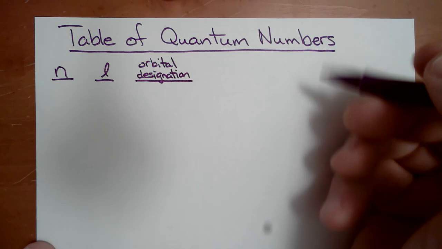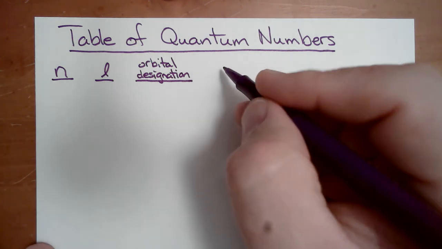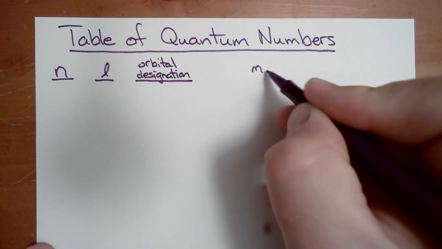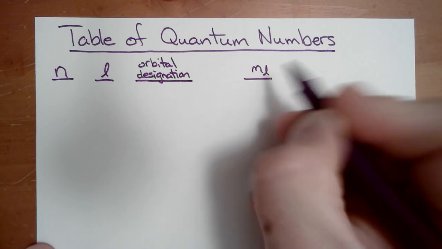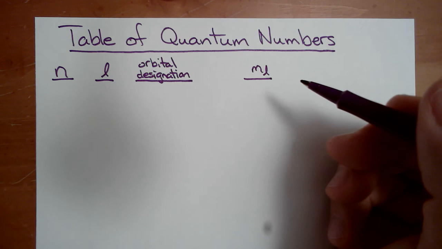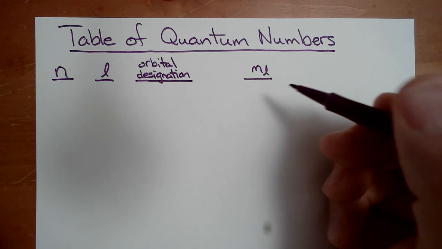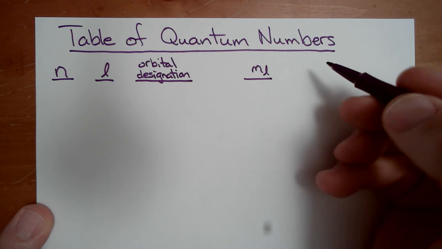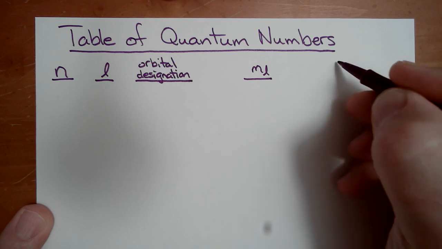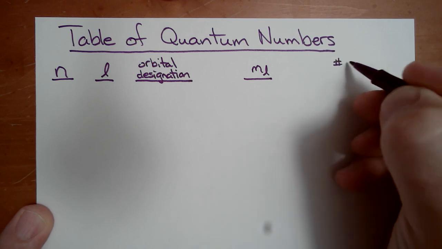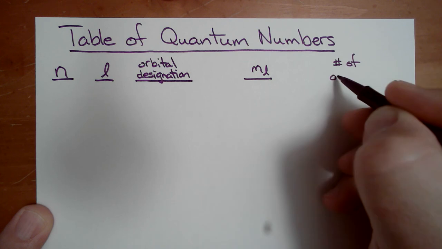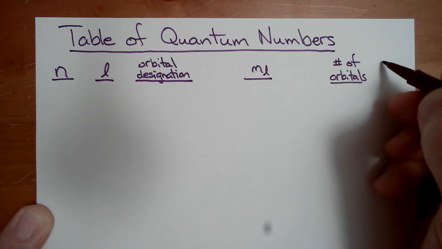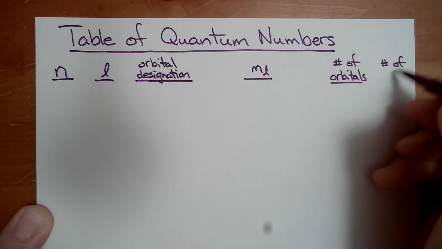Then over here we'll put m sub l, which is the magnetic quantum number, or the orientation of those orbitals. And then over here we'll do number of orbitals and number of electrons.